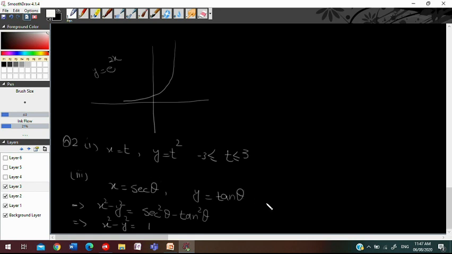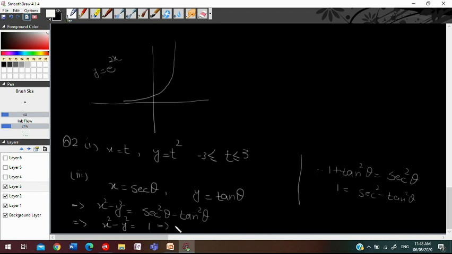Because we know this formula, that 1 plus tan square theta is equal to secant square theta. So secant square theta minus tan square theta is equal to 1. That's why I have written here x square minus y square is equal to 1.